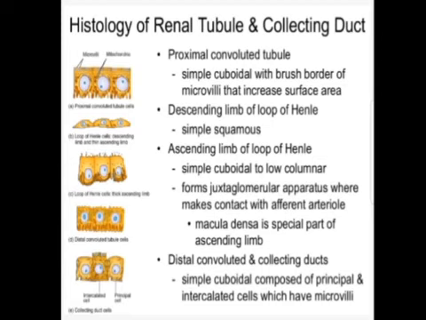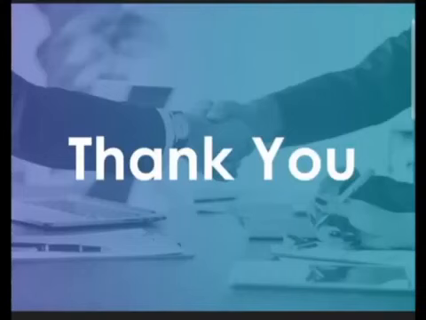It also forms the juxtaglomerular apparatus where it makes contact with the afferent arteriole. Macula densa is the special part of the ascending limb. Then the distal convoluted tubule and the collecting ducts are simple cuboidal, composed of principal and intercalated cells which have microvilli. So this is the microscopic structure, or the histology, of the renal tubule and collecting duct.